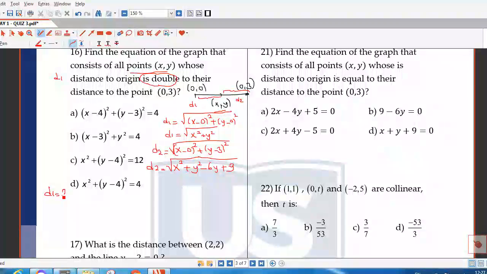One of the distances is twice or double the other one. Since it is mentioned first, how do I know distance 1 is double distance 2? The first distance is the distance from xy to origin. Xy to origin we called d1, so d1 is double the other distance.